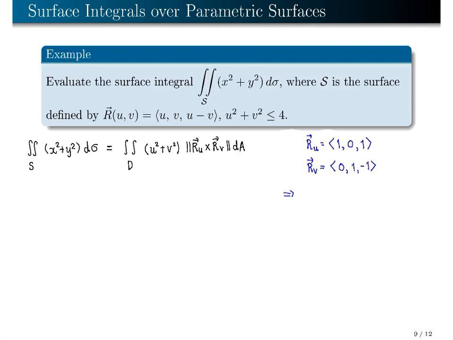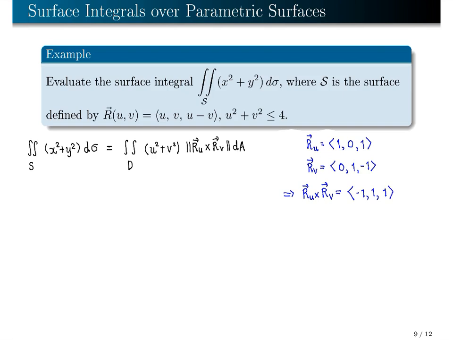This means that Ru cross Rv has components 0 minus 1, which is minus 1, 0 minus negative 1, which is 1, and 1 minus 0, which is 1.